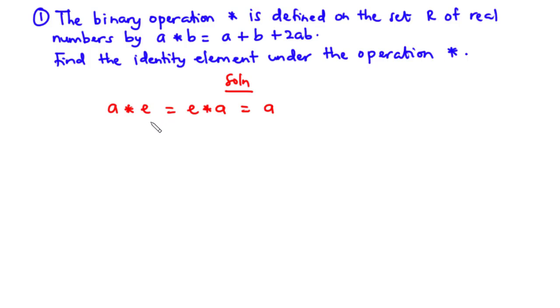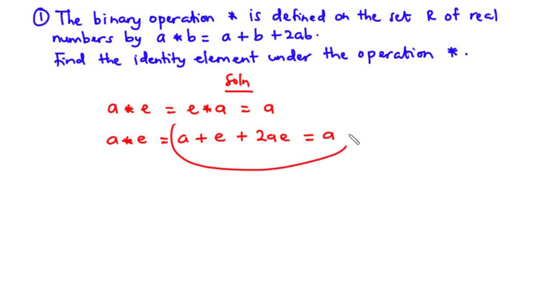So we are going to substitute E in place of B in this binary operation to find the identity element. So this time we have A star E equals A plus E plus 2AE, and A star E is equal to A. So we have A plus E plus 2AE equals A.